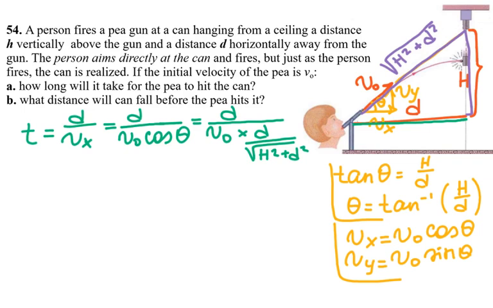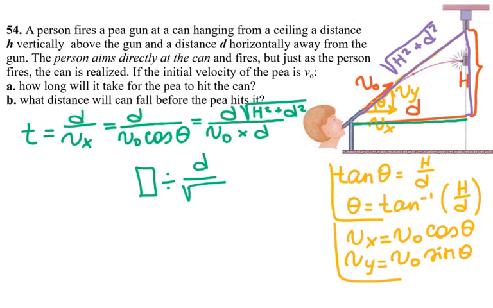But when you divide by a fraction, it's the same as multiplying, so I can erase this part and rewrite right here the square root of h squared plus d squared. Because if I have a fraction divided by another fraction, and the other fraction has the square root, it's the same as this fraction times the square root over that d.